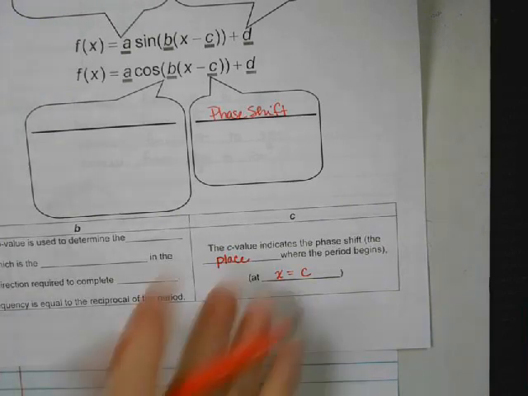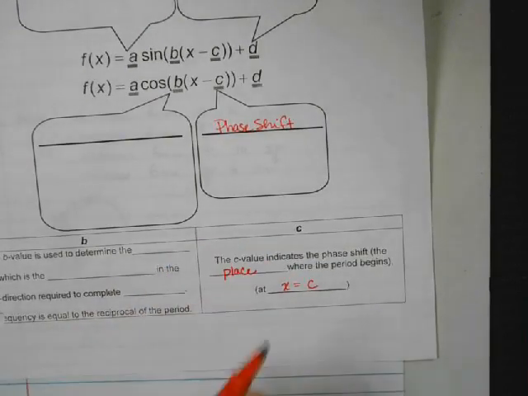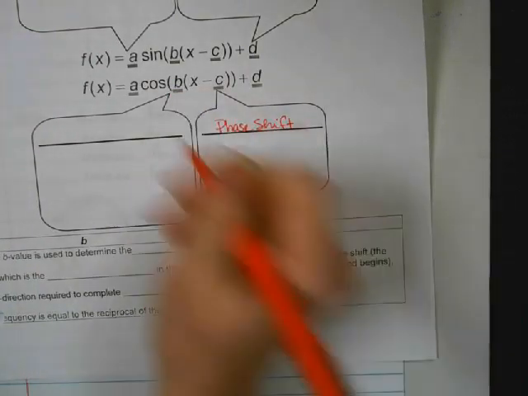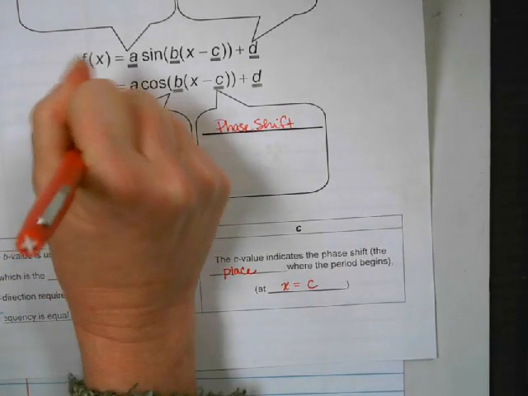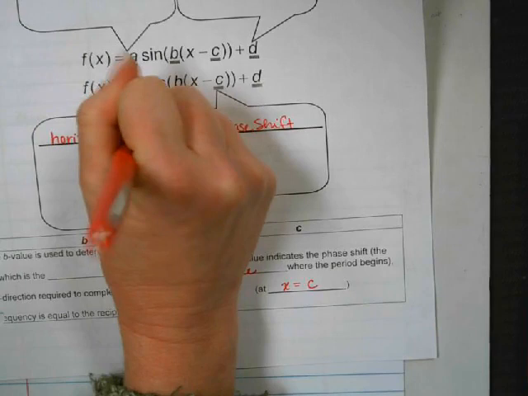And last, now this one, you know what it does, but we've never really dealt with it because it didn't affect anything that we were looking at. But the B value is a horizontal stretch or compression.